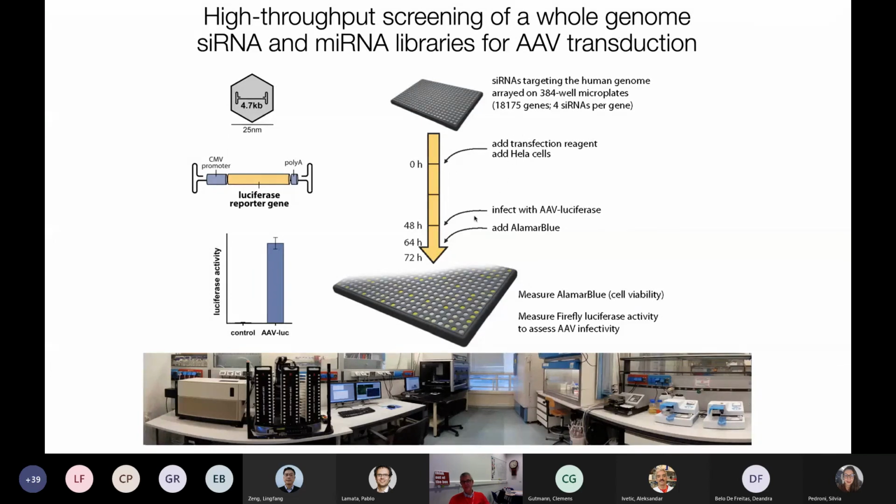Then with the robot, we dispensed the AAV-luciferase, waited additional hours, and then lysed everything and tested for the expression of firefly luciferase by the liquid handler.